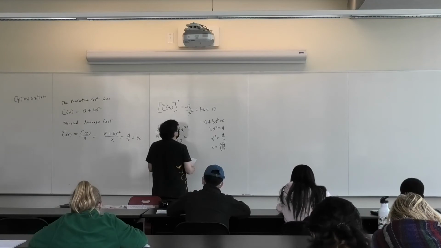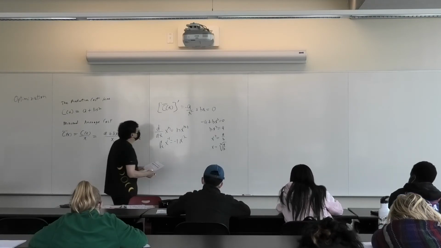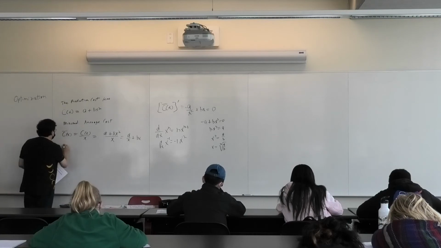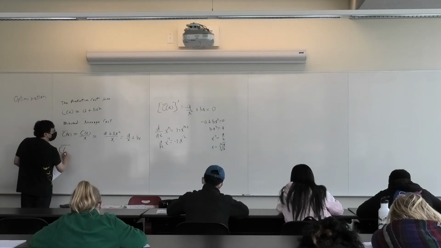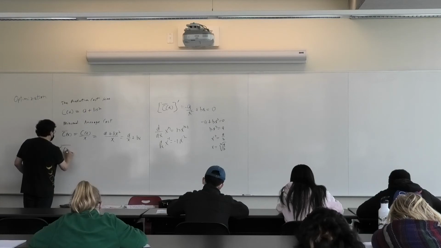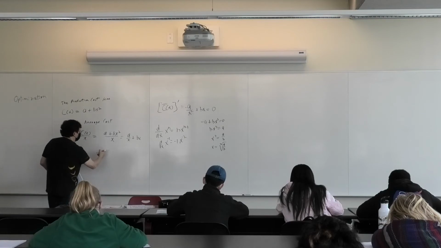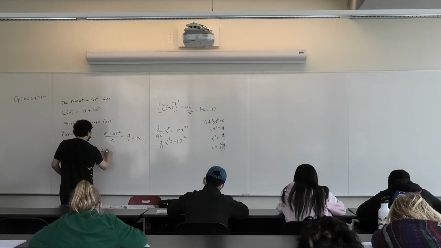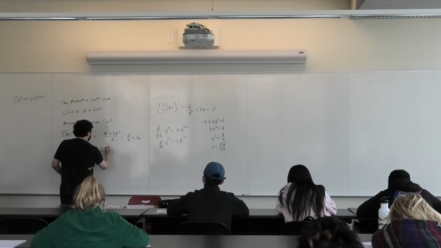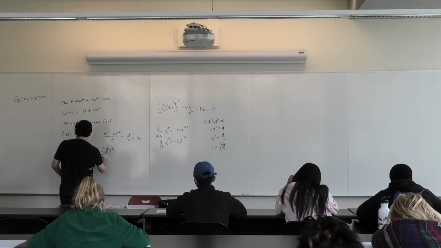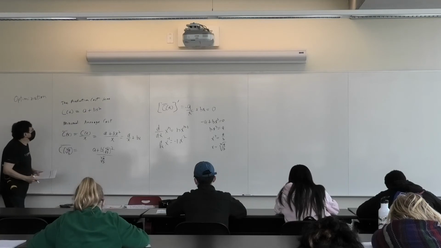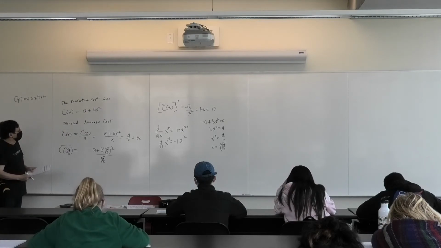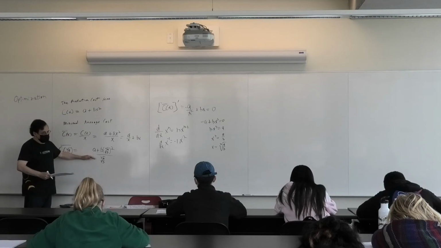Did we do that right? And so if we want to find this value, we just have to plug in the cubed root of a over b. It's a plus b times the cubed root of a over b squared, over the cubed root of a over b. So that's the value at the critical point.